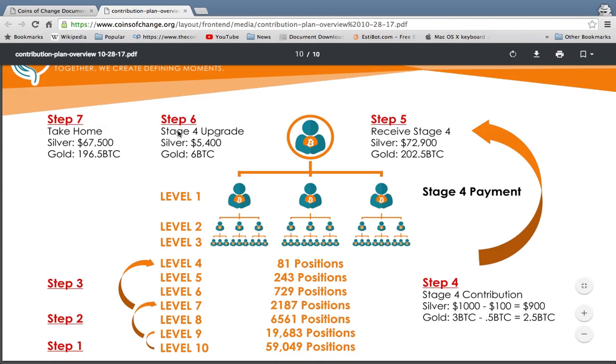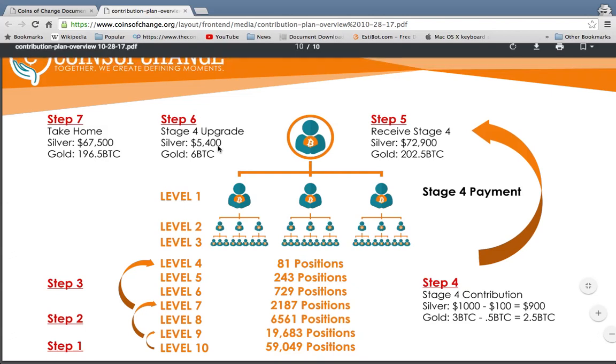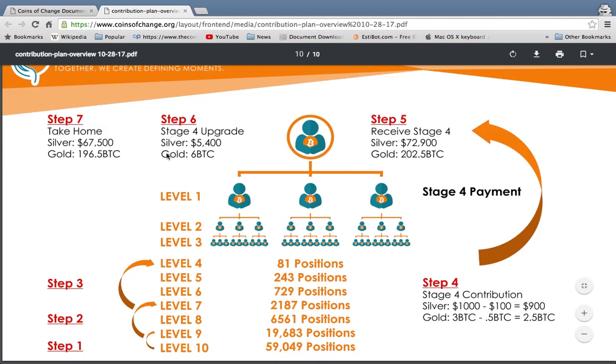And now you're making your stage, this is actually your stage 5 upgrade. Okay, so that's an error that we need to correct. And in stage 5, the silver is going to be $5,400. And in gold, it's going to be a 6 Bitcoin contribution in stage 5.